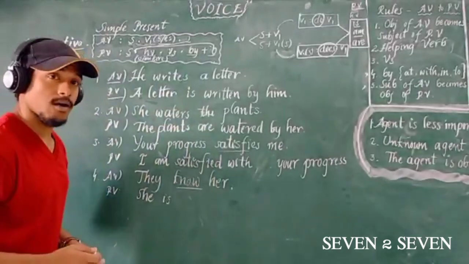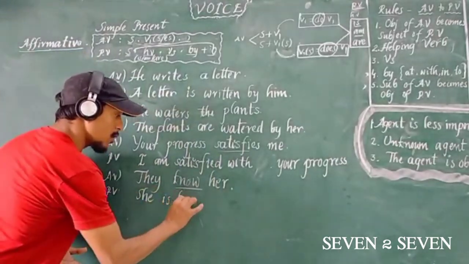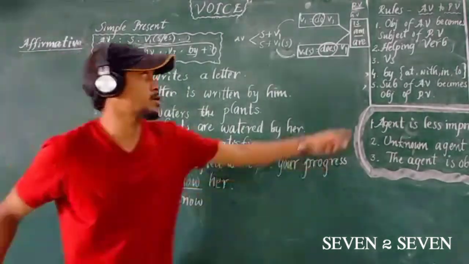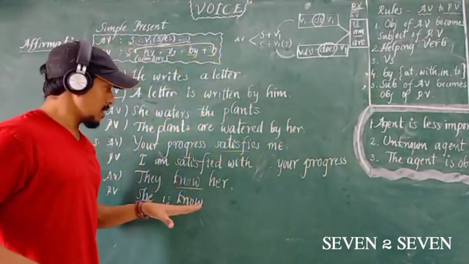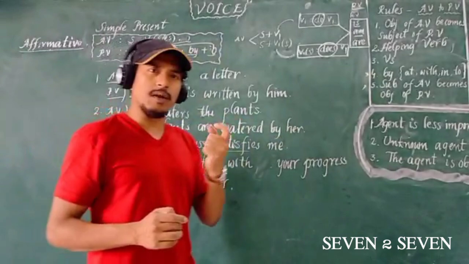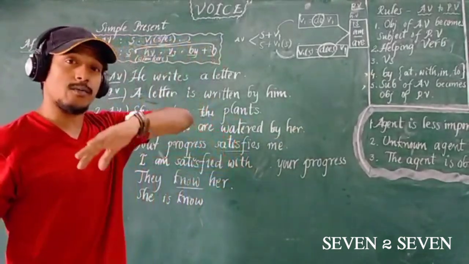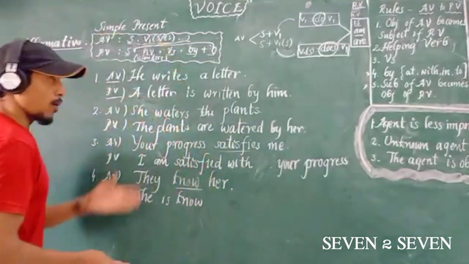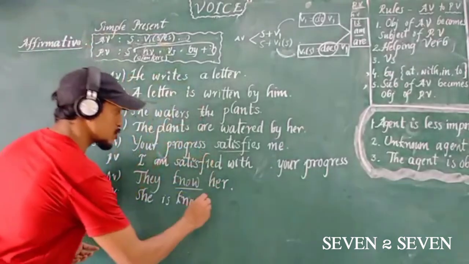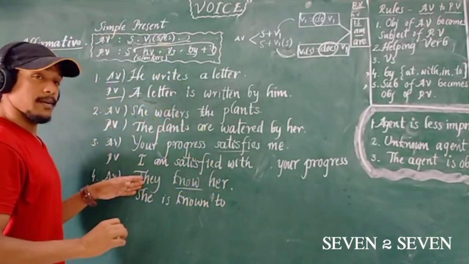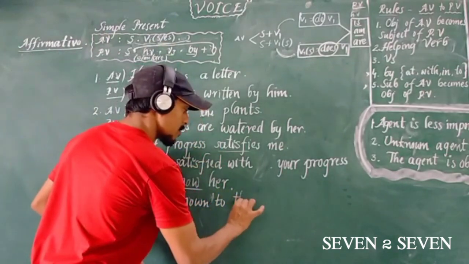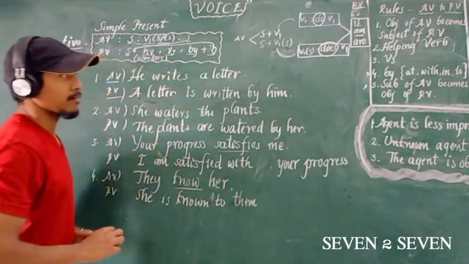What is the third form of the verb know? Known. If you see the fourth point, by, we can't write by because some verbs go with suitable prepositions when we convert from active to passive. Then what is the suitable one? To. Known to. They becomes them.